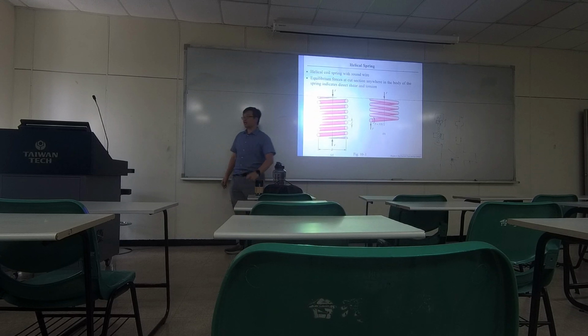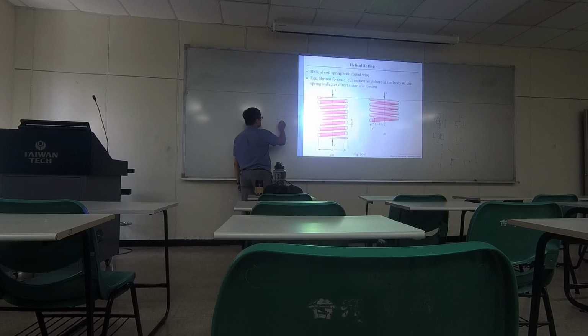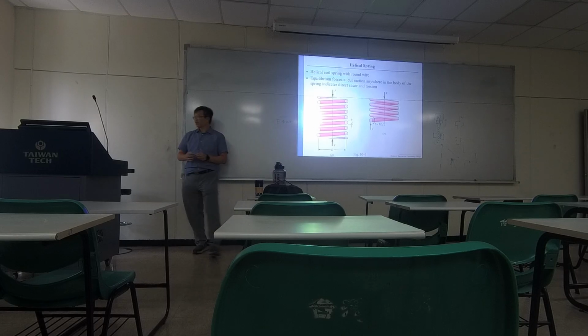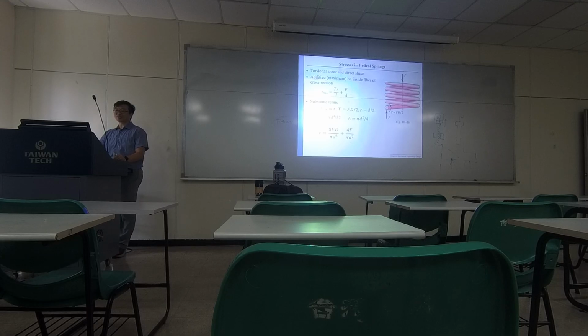actually, we don't compute F equals k delta x. We actually care about the material inside. Okay? So let me show you the equations. Like I mentioned earlier, this is the torsion part, and this is the shearing part.